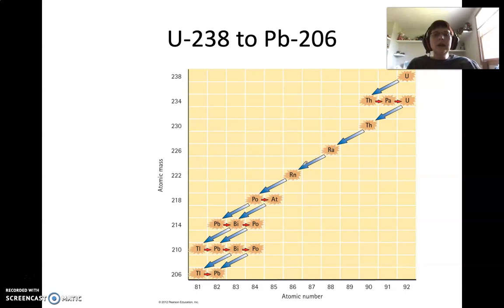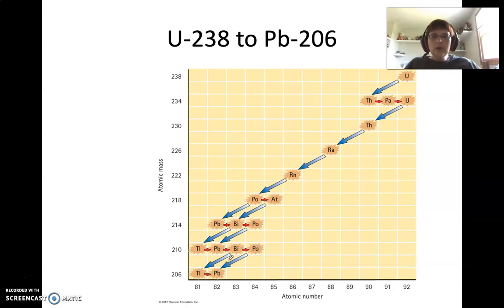So radium, radon, polonium, actinium. Then both of these actually break down, and now we get lead, bismuth, polonium. Let's see, that one, I can't remember what TL is.